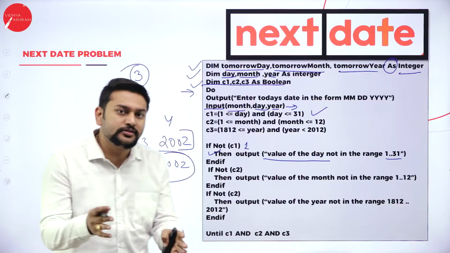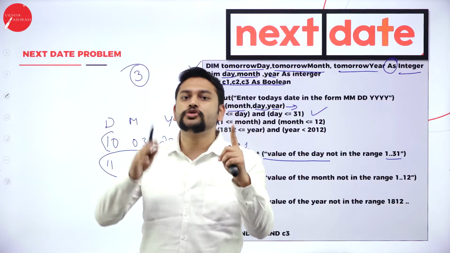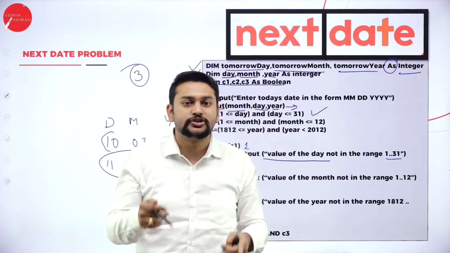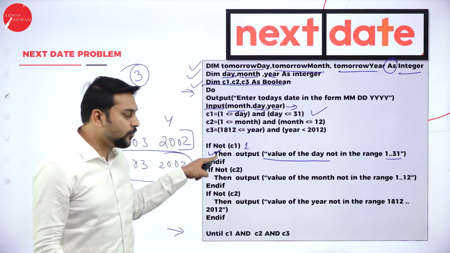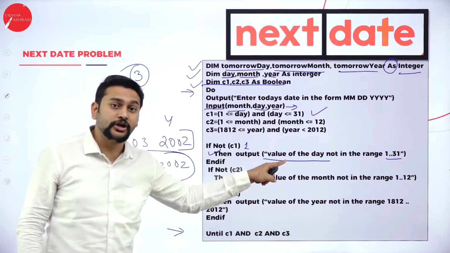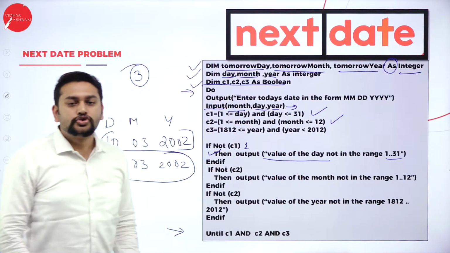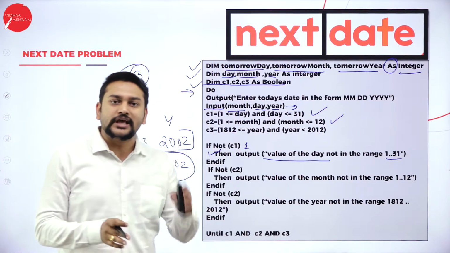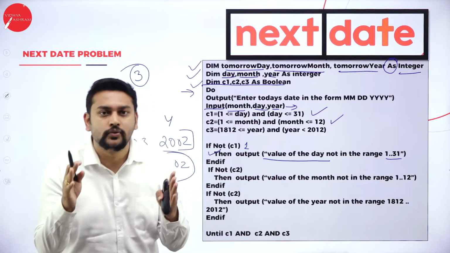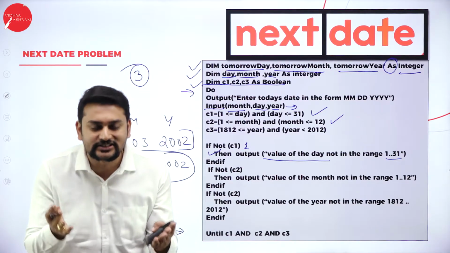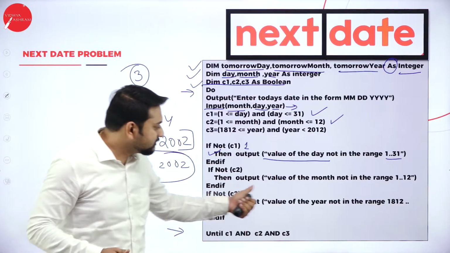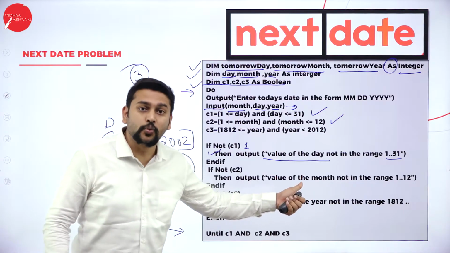If you have entered a number which is not in the range from 1 to 31, then I will be executing this statement. That's what you need to understand. In the same way, I will be checking the second condition. My month, whatever I'm entering, should be in the range 1 to 12. Suppose that is not true, again this statement will be executed. That's what you need to observe. What is the statement?